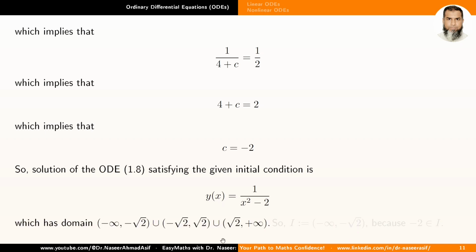This has domain minus infinity to minus square root of 2 open interval union minus square root of 2 to square root of 2 open interval union square root of 2 up to plus infinity open interval. So I is minus infinity to minus square root of 2 open interval because minus 2 belongs to I.